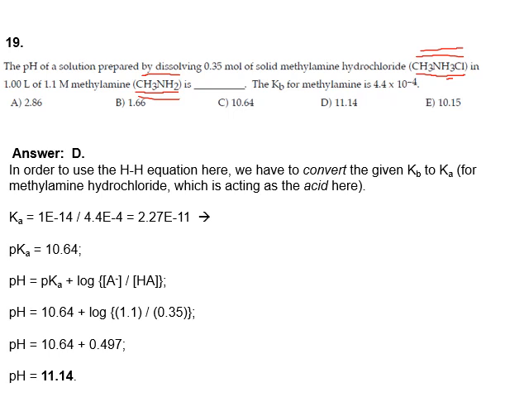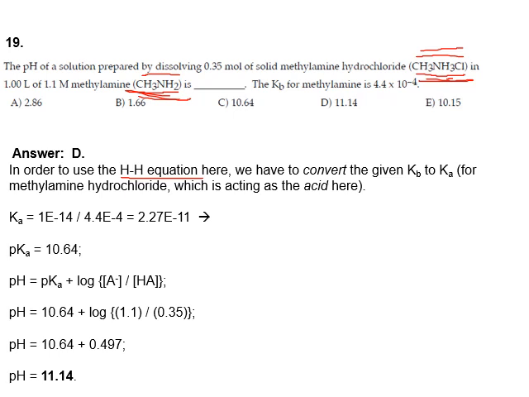So what happens is this one here can accept a proton from this one. So this is actually a conjugate acid-base pair. It's a weak acid, weak base pair. So when you do this problem, you want to have the base over the acid to use the HH equation. This is just as we've done before.